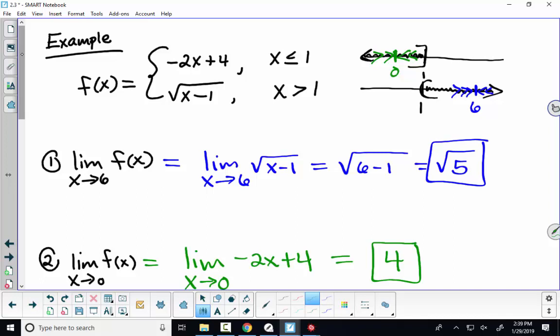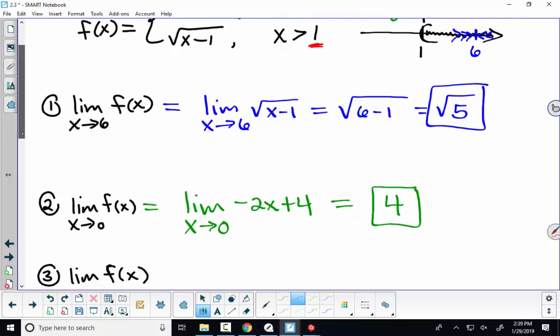The second piece doesn't include 1, and we can approach 1 from the right. But we can't approach 1 from both directions. So when you're dealing with piecewise functions, these numbers that show up in each domain are the only numbers you have to worry about computing two-sided limits at. Any other number, just plug in.